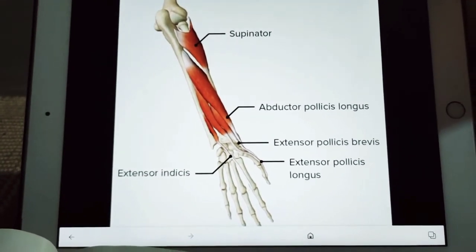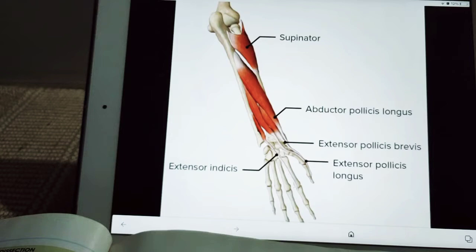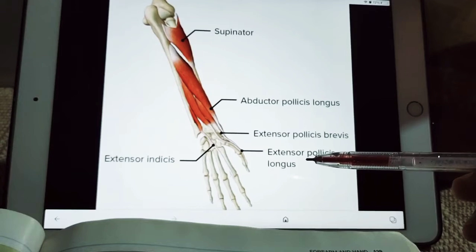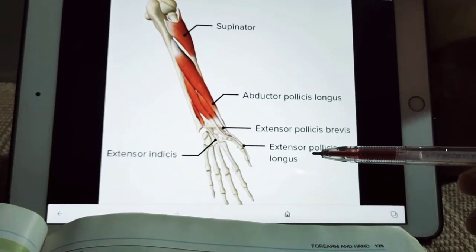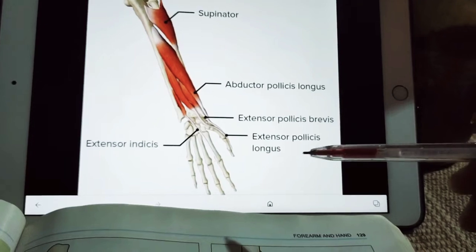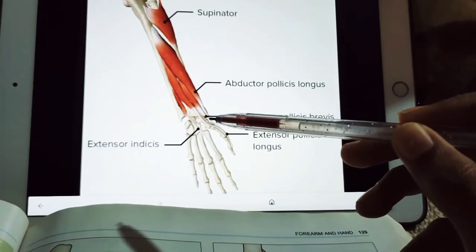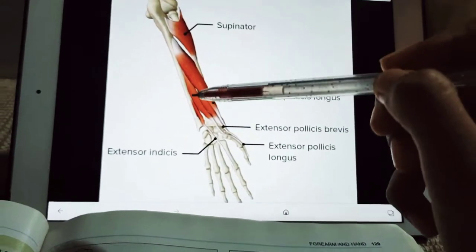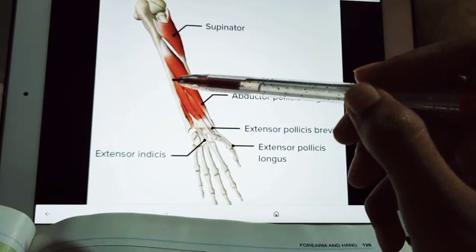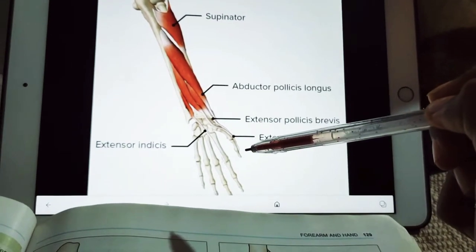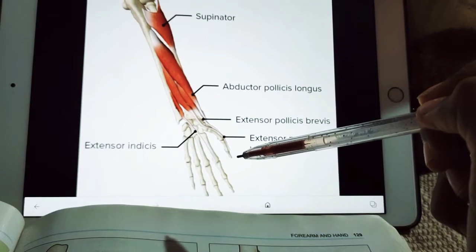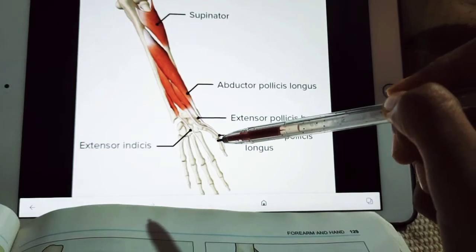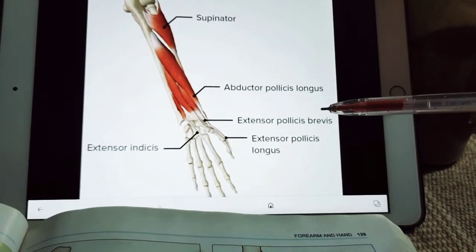Next, coming to the extensor pollicis longus. It takes its origin from the posterior surface of the shaft of the ulna, and it gets inserted into the base of the distal phalanx of the thumb. The thumb has a proximal phalanx and a distal phalanx, and to the distal phalanx this muscle gets its insertion.